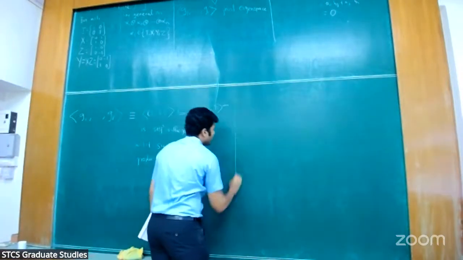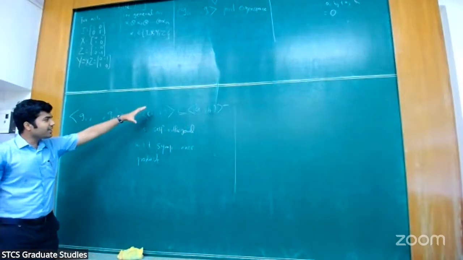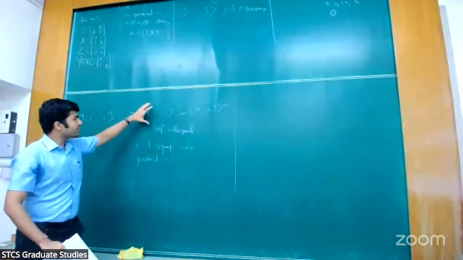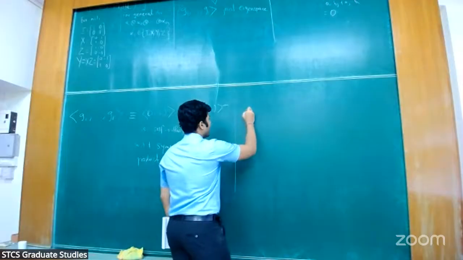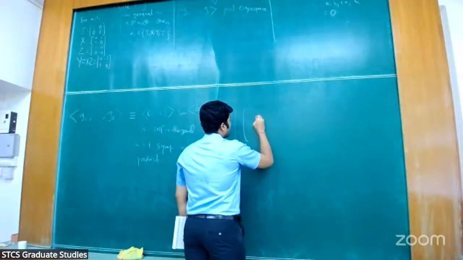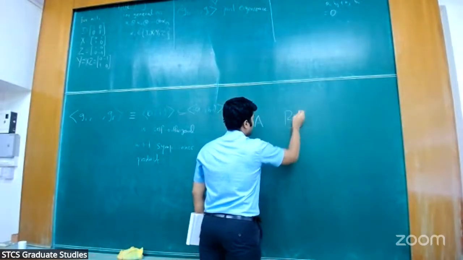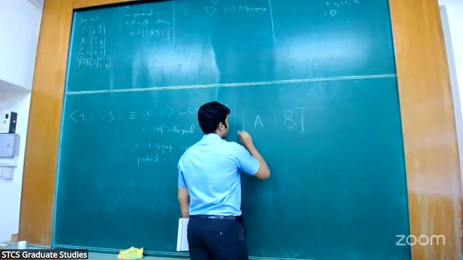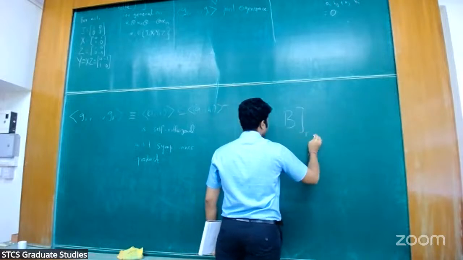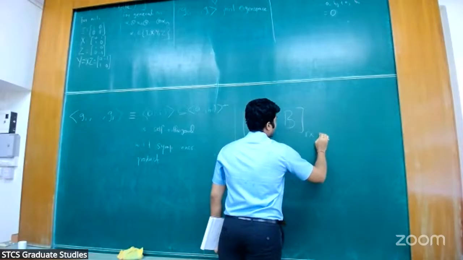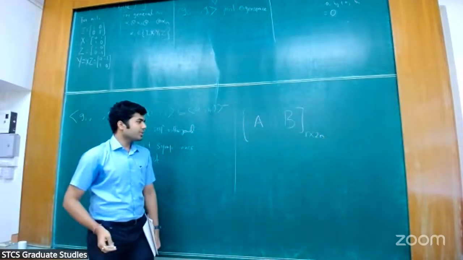And so one can associate a matrix to this. You can stack all these generators into a matrix of A and B. If you had r many generators, then you will have a matrix of dimension r cross 2n.